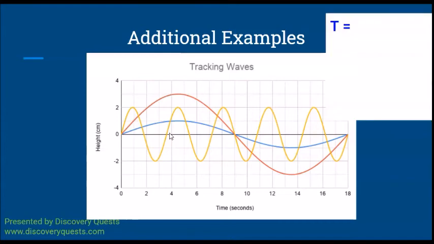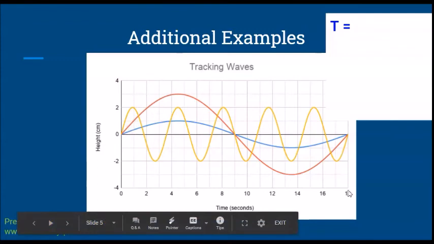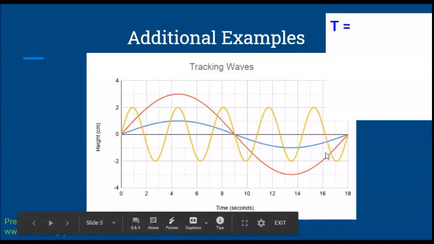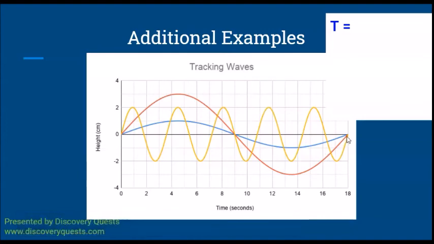So what we can do is we can see that in 18 seconds we have 1, 2, 3, 4, 5 complete cycles. So in 18 seconds, I have 5 full cycles.